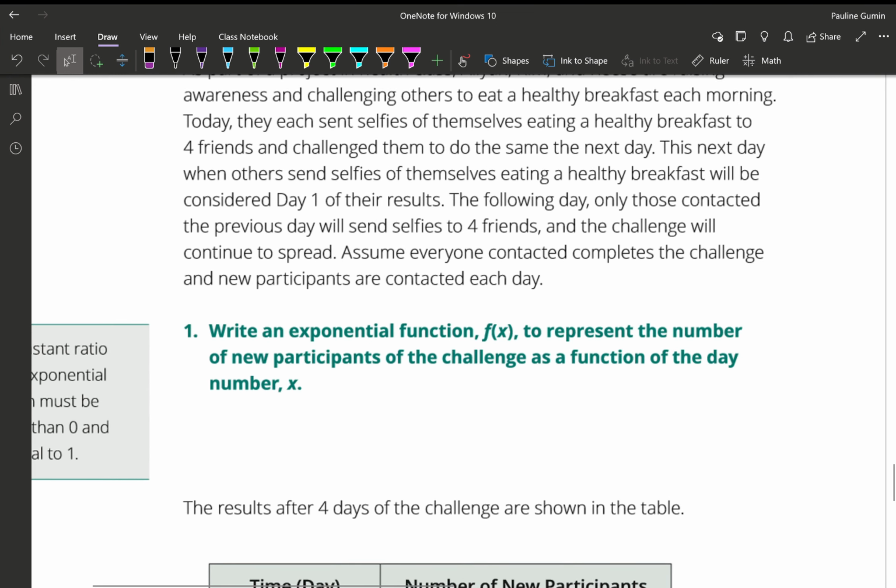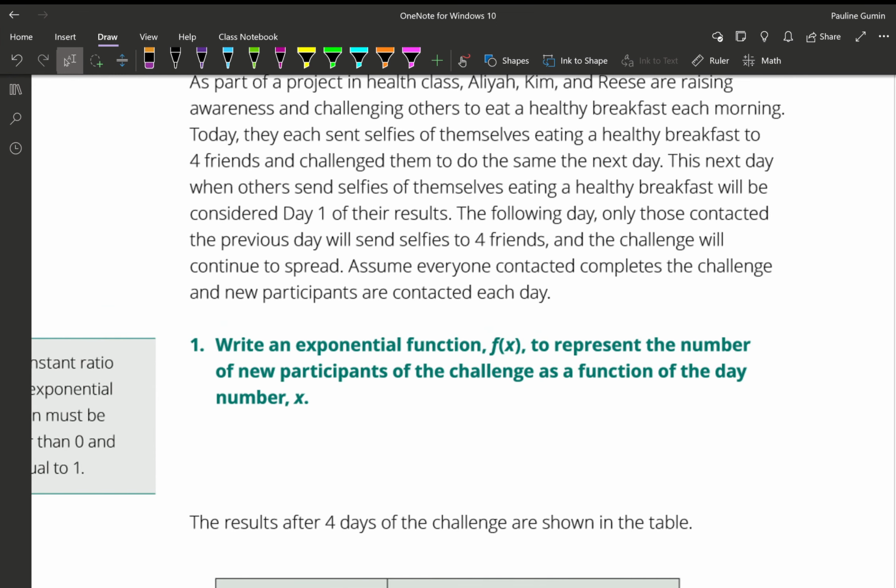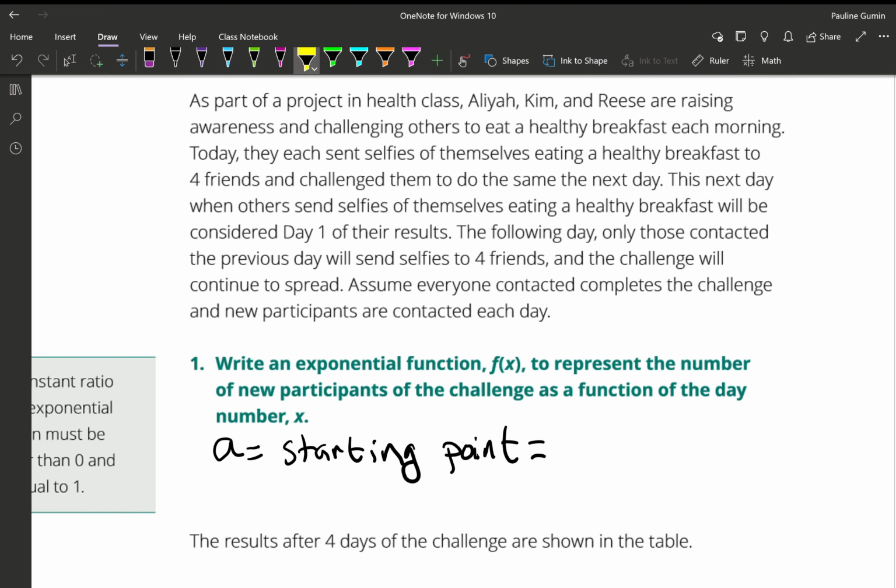Now, let's write an exponential function, f of x, to represent the number of new participants. Now, here our y-intercept is going to be the starting point, because that's essentially what it is. So how many people did we start with? We started with 3 people.